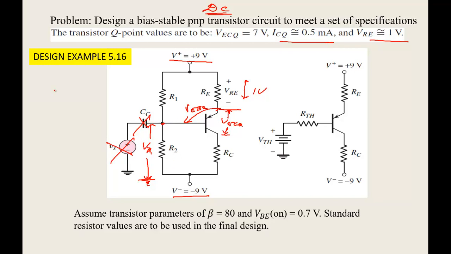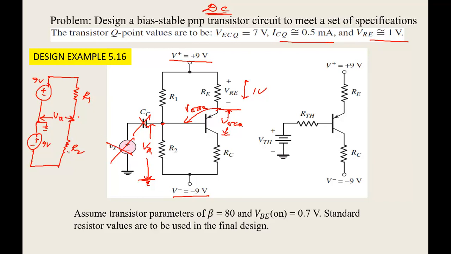If you see, you will have a 9 volt supply here, and you will have R1, then a point here, then R2, which is connected to ground, and another 9 volt source connected to this. So this is R2, this is R1, and this is my VTH point we need to find out, VTH between these two.